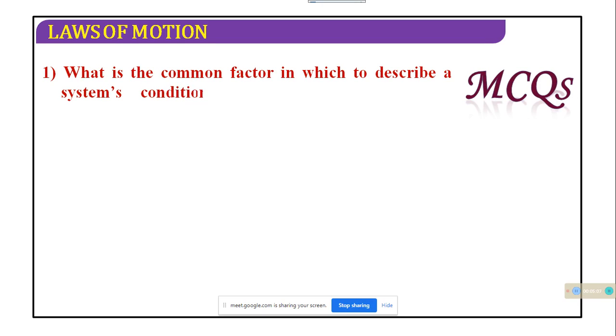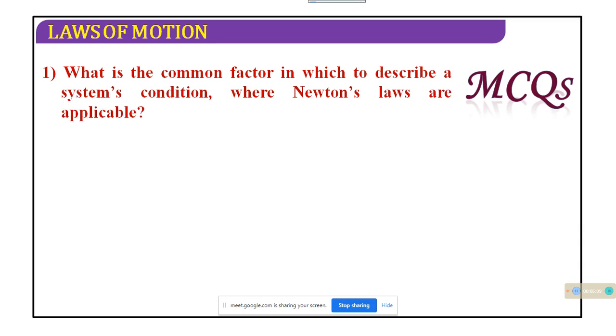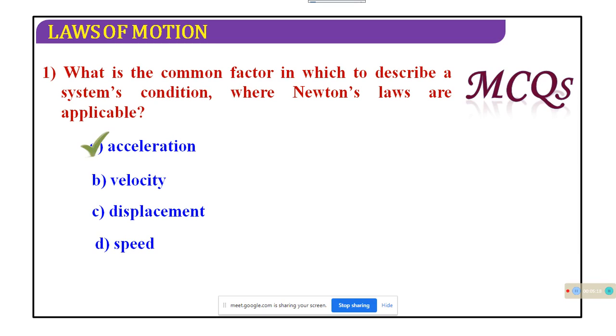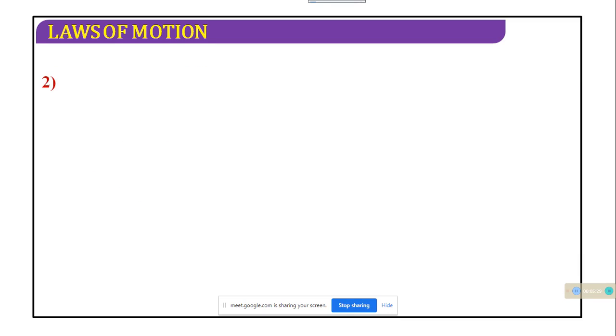What is the common factor which describes the system condition where Newton's law is applicable? Acceleration. We know that F equals ma. This acceleration part is applicable for all conditions.